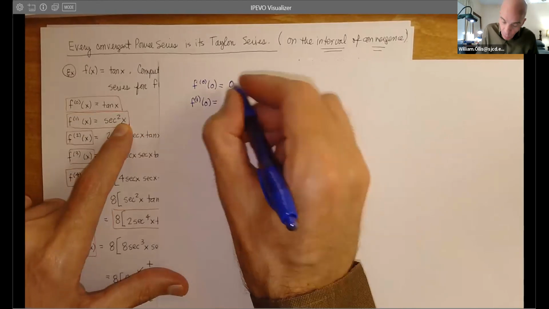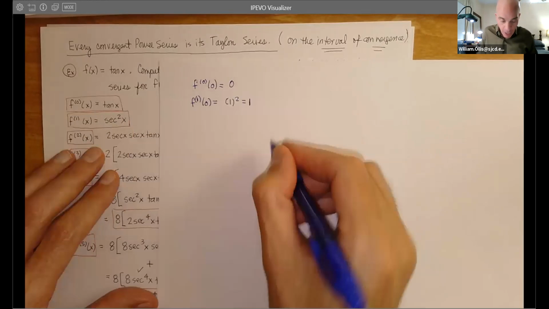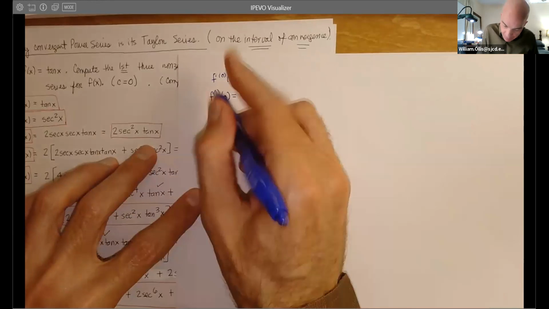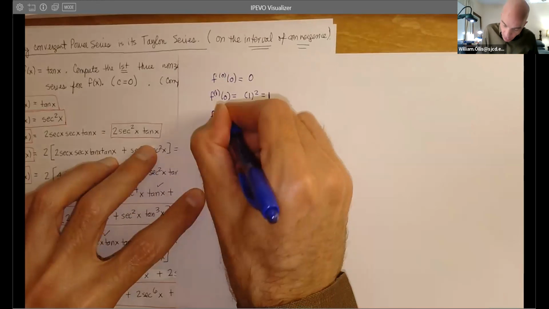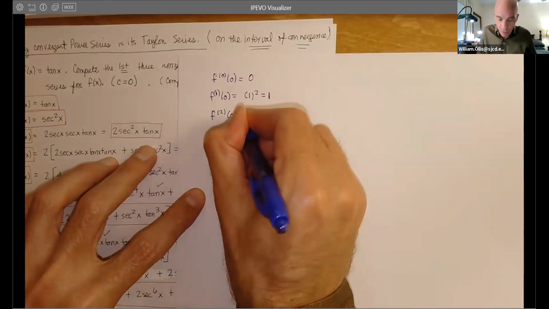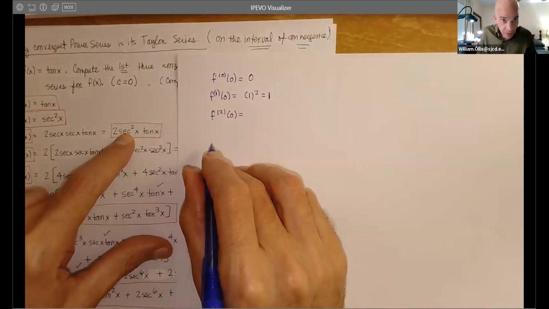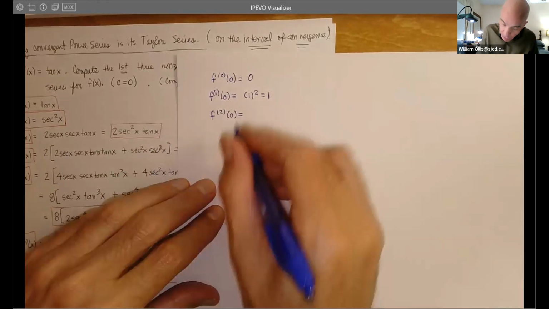So this is just going to be 1 squared, which is 1. And now for the second derivative at 0, well, the tangent of 0 is 0, so that's 1, but 2 times 0 is 0, so we get another 0.